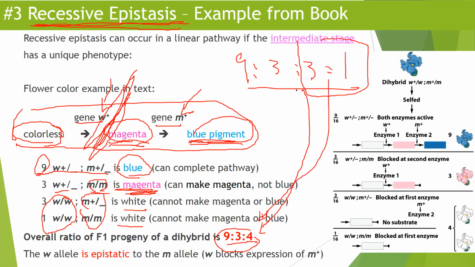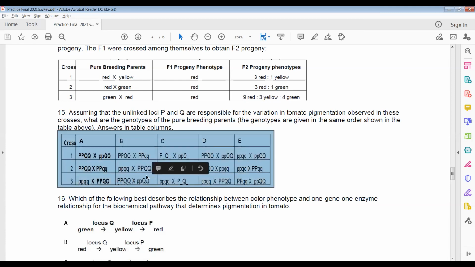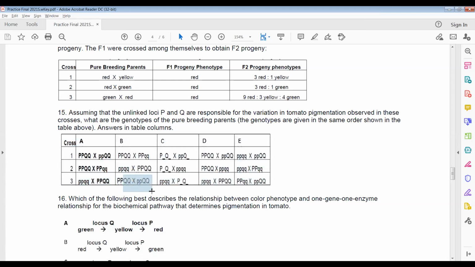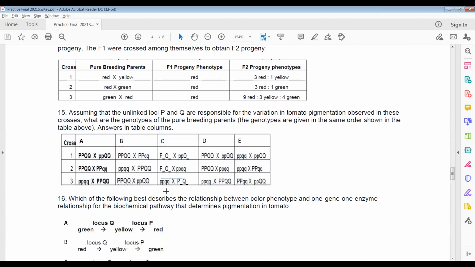So let's go back to our question. This is the same as that one. If you want to get this, the F1 should be a dihybrid cross, right? Dihybrid cross means the first parent should be something like this. Look at the third cross: this one will not give you the dihybrid cross, and this one will not either, because the genotype of this parent is not clear, so this is not correct.